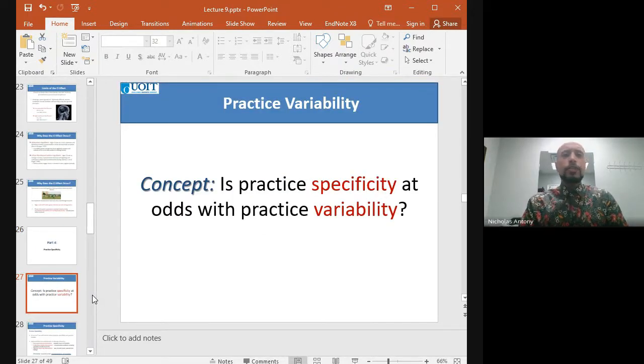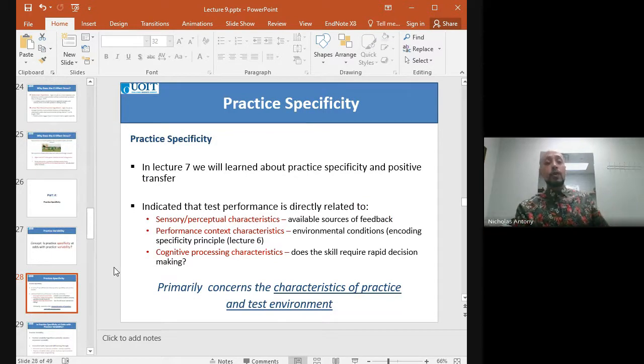Now, I forget, in lecture 7, I think that I said that practice specificity is important. So is that concept of practice specificity at odds with practice variability? I had some students ask me a couple years ago, so I added in this slide. So practice specificity is talking about how you want the practice environment to match the test environment. We're talking about the sensory processes available.